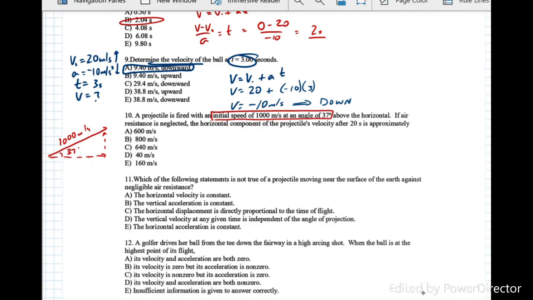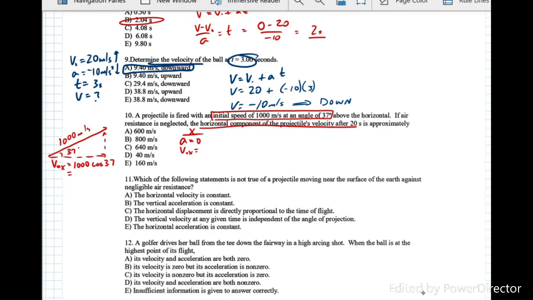Given that, we want to know the horizontal component. If we just look at the x stuff, one thing that we know for sure is that the acceleration in the x is 0. What that tells me is that the initial velocity in the x direction is going to be 1,000 times the cosine of 37. That's how I get that side of the triangle.